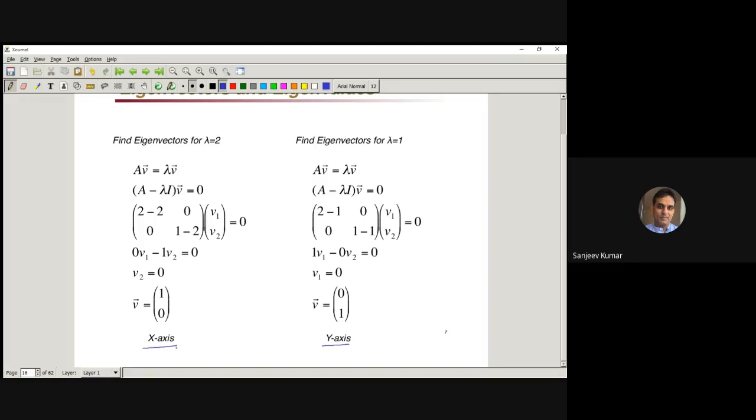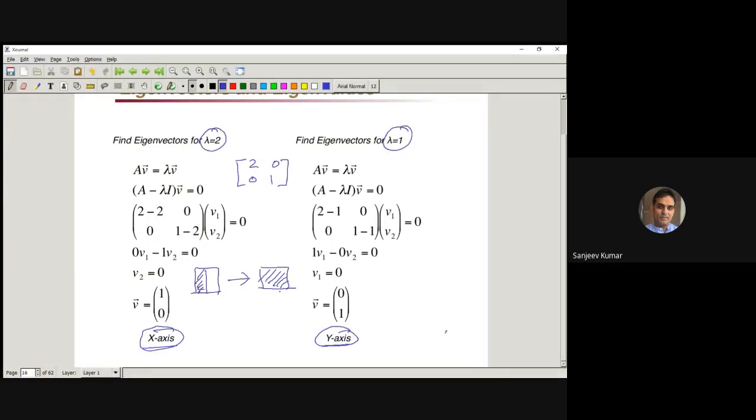Now, eigenvalue lambda equals to 2, eigenvector x-axis; eigenvalue lambda equals to 1, eigenvector y-axis. The transformation is 2, 0, 0, 1, which makes a half covered bread slice into a fully covered bread slice by the butter.